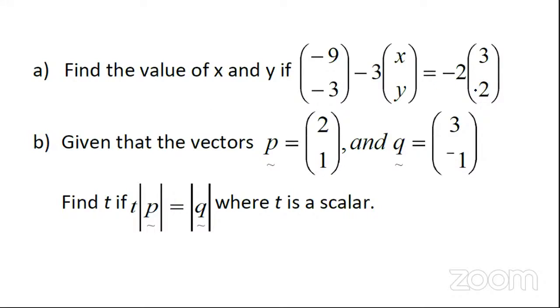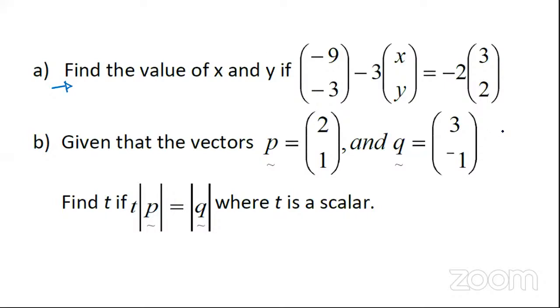We are equating. After equating, we collect like terms and we find. Let me work out A, and I'm going to leave you with the B to work out.